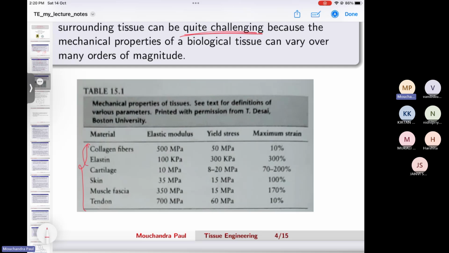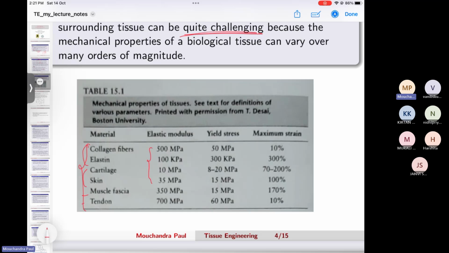If you compare the elastic modulus of this ECM component alone with the tissue, cartilage and skin, where collagen and elastin are found, you can see there is a change in values of elastic modulus. In tendon also collagen and elastin are found. Muscle also has some amount of collagen. So even though that component is present in our tissue, the mechanical property of the tissue and of the material are highly different.